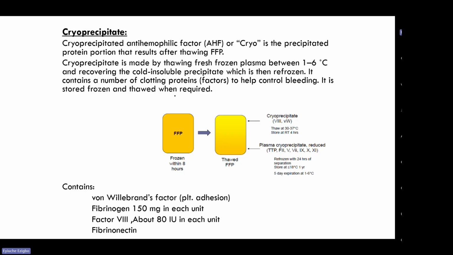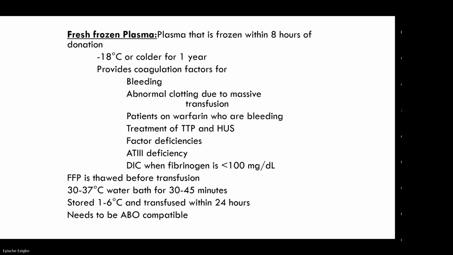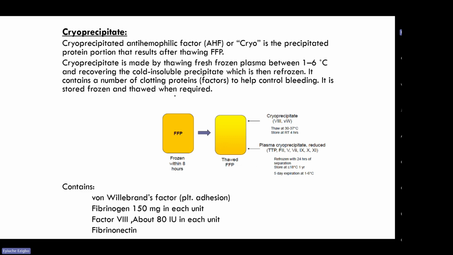It's made by thawing fresh frozen plasma between 1 to 6 degrees centigrade, not 30 to 37, the one for transfusion. This one, you thaw it at 1 to 6 degrees centigrade, still in a cold environment, and recover the cold insoluble precipitate, which is then frozen.